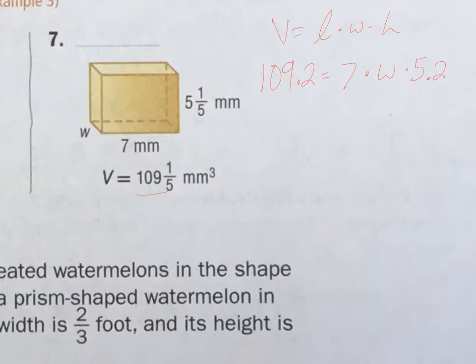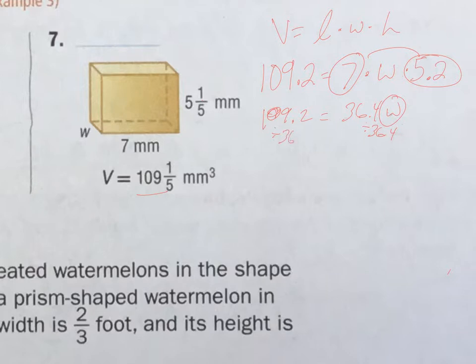Okay? So now I'm going to multiply this with this first. 109.2 equals 7 times 5.2 equals 36.4 W. Now, I want to get this W all by itself, so I have to divide each side by 36.4.